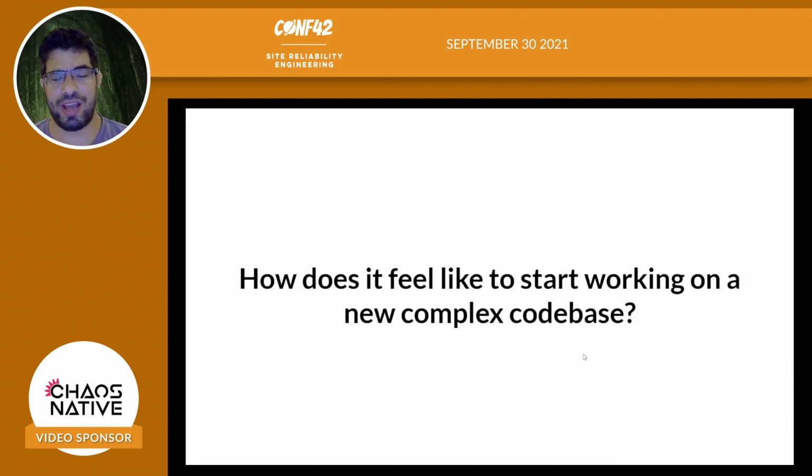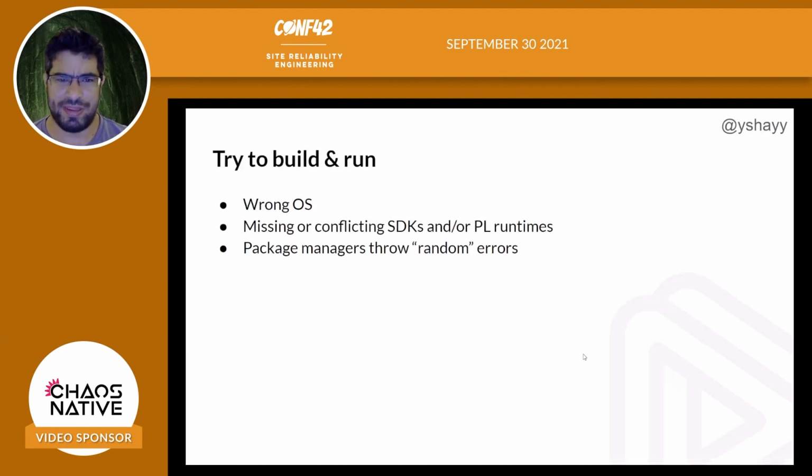So let's start by describing how it feels to start working on a new complex code base. The first thing I'm going to do is try to build and run the application. But I don't necessarily have the right operating system, so I need to see if the instructions are related to a different OS.